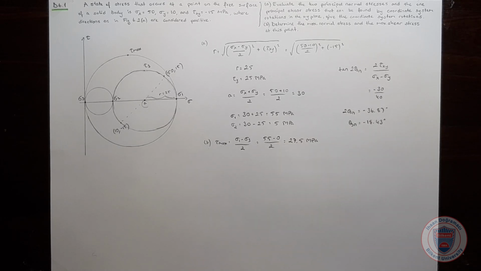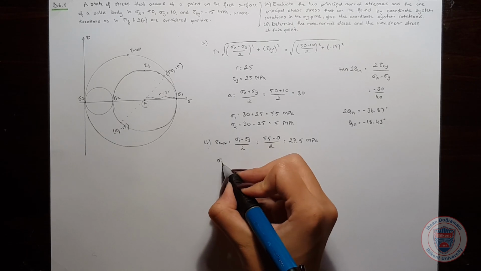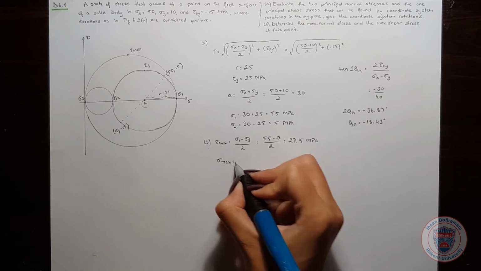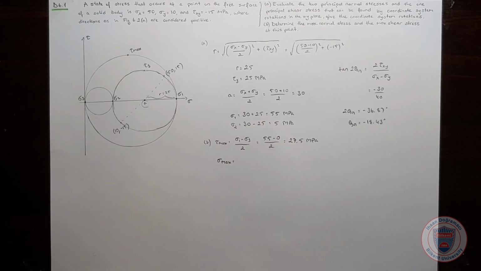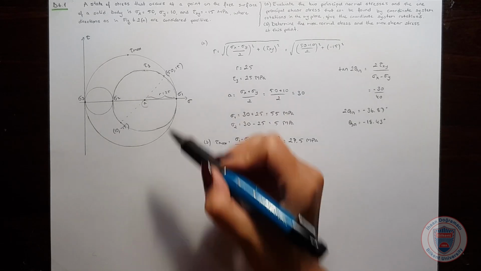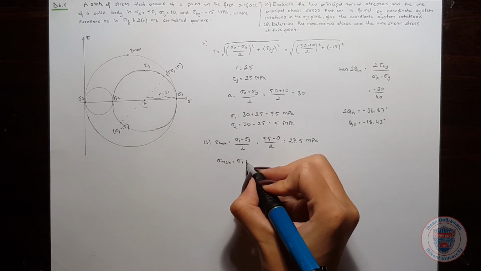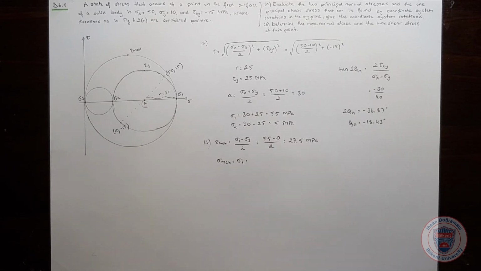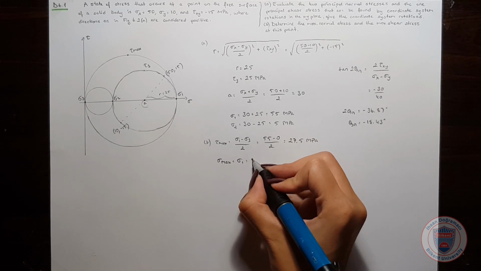What about sigma max? Sigma max is the largest value in the figure, and it is sigma 1. And it is also equal to 55 MPa.